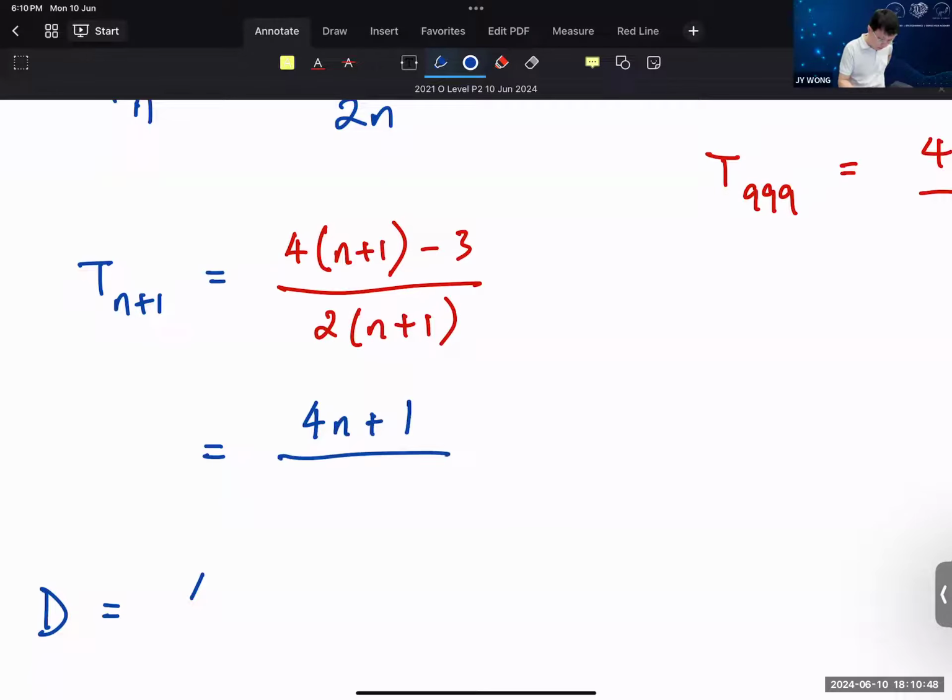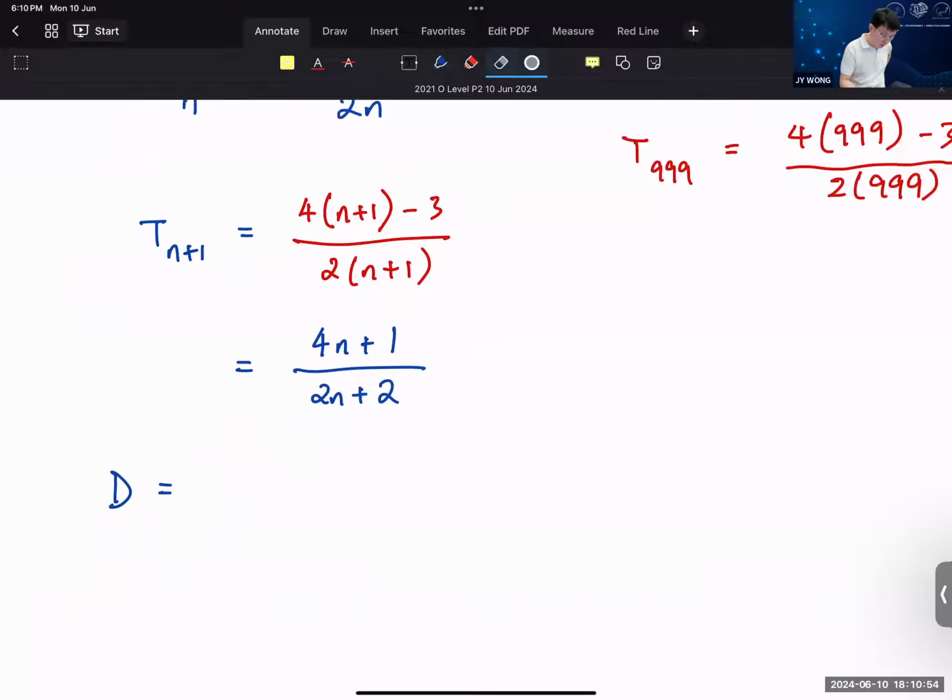And this will give me 2n plus 2. And therefore your difference will be Tn plus 1, which is 4n plus 1 over 2n plus 2, minus your original Tn, which is 4n minus 3 over 2n.